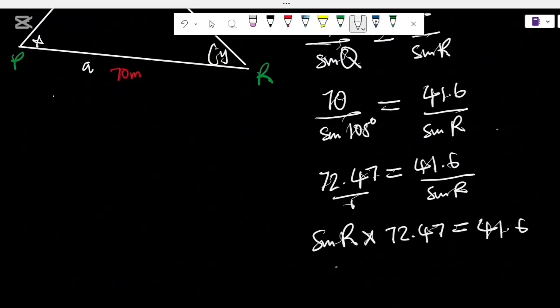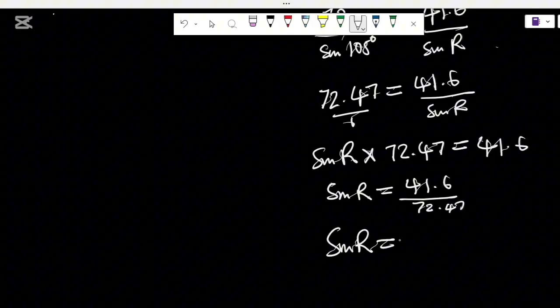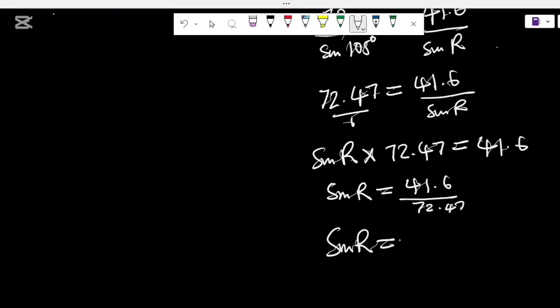So when we divide this, we are going to have sine R is equal to 41.6 over 72.47. Now this is going to be sine R is equal to, what is 41.6 divided by 72.47?